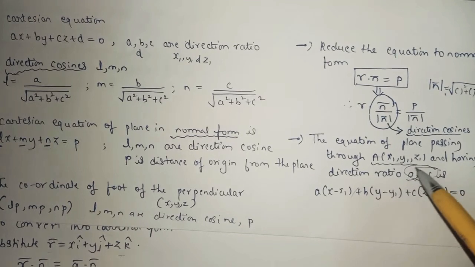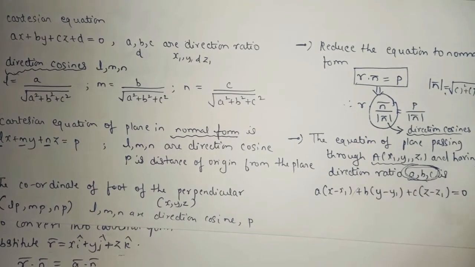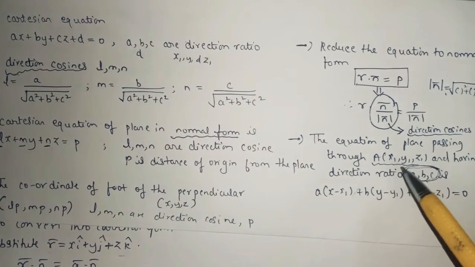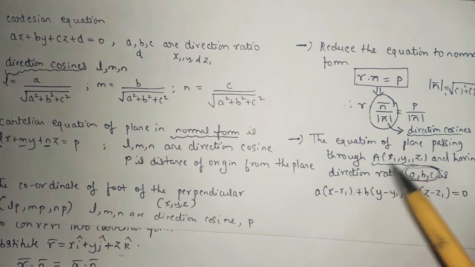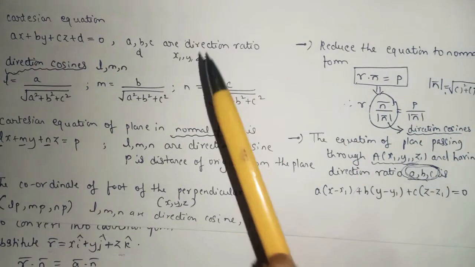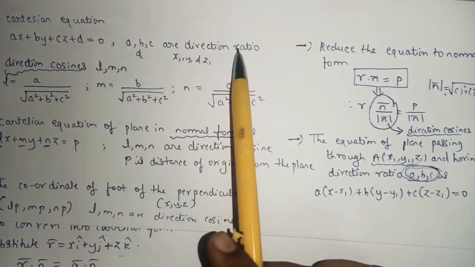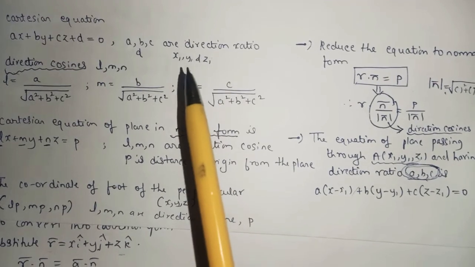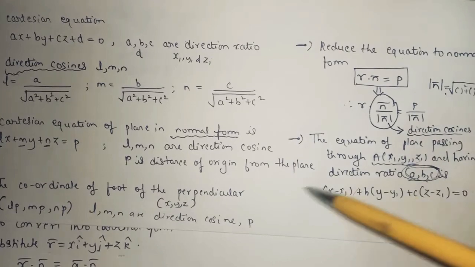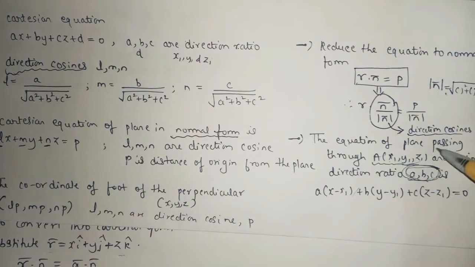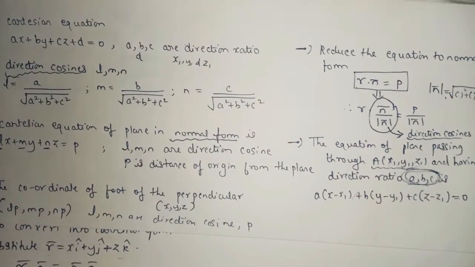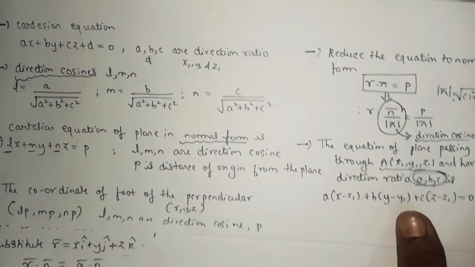You have to find the direction ratio, or it will already be given in the question, and they will say that the plane is passing through a point, from which you will get x1, y1, z1. Just now I explained that a, b, c are known as the direction ratio and x1, y1, z1 are the point. After getting the values of x1, y1, z1 and a, b, c, simply substitute them in this equation and you will get the equation of the plane directly. So this was the point which you have to remember before dealing with the sums from the exercise.